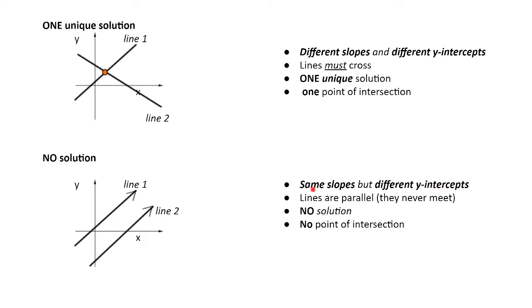Lines that have the same slope are parallel, which means that they run in the same direction, and because of this, they will never meet, never cross each other, never intersect. So because they will never intersect, there is no solution, meaning there is no point of intersection.